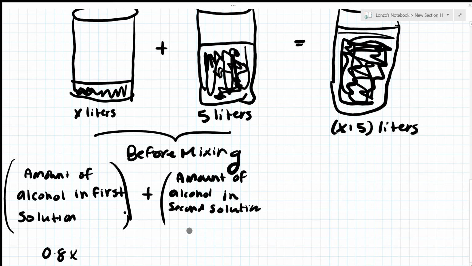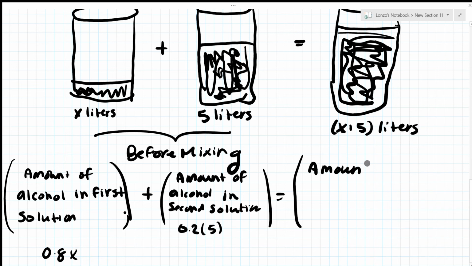So it's 0.2 times 5, and then that should equal the amount of alcohol in the mixture.